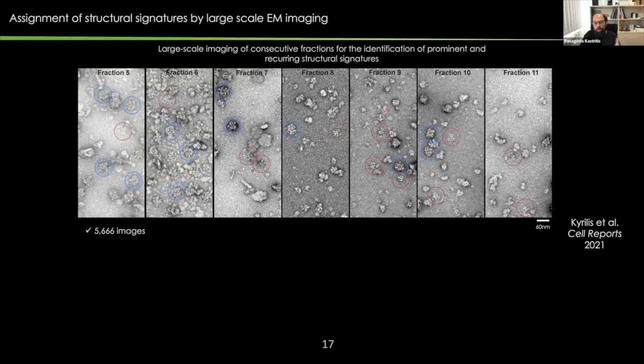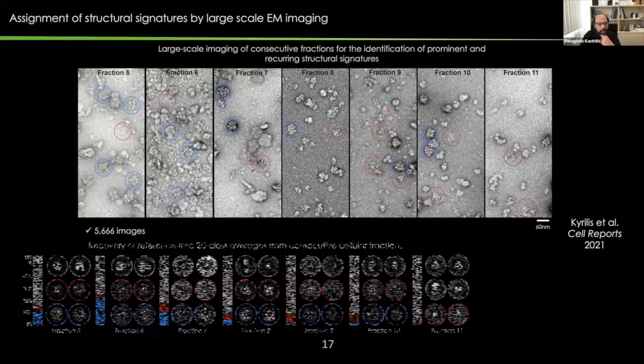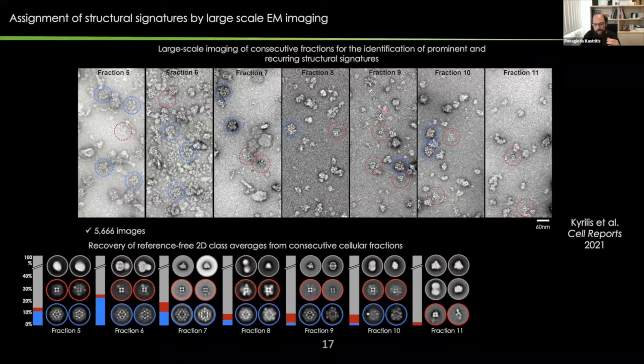And here I'm showing in blue what we think is the pyruvate dehydrogenase complex, PDC, and in red, the oxoglutarate dehydrogenase complex, OGDC. By doing statistics on retrieved particles that are averaged after 2D classification, we can see that most of the particles do not look like they have a cubic core or this kind of symmetric core, but are other molecules.